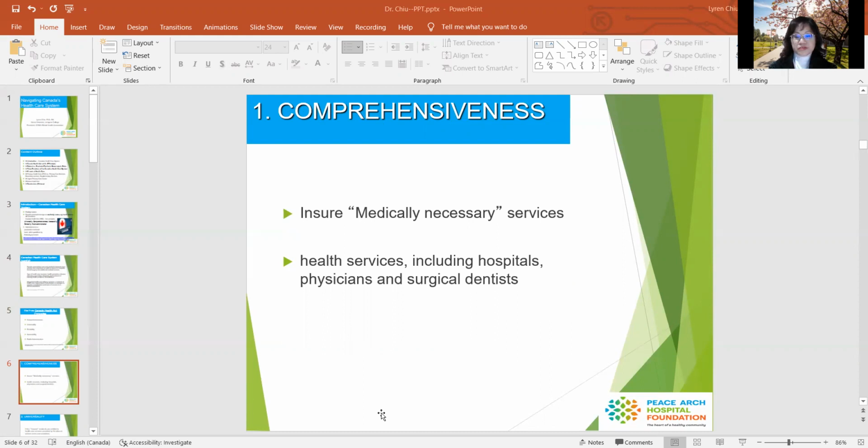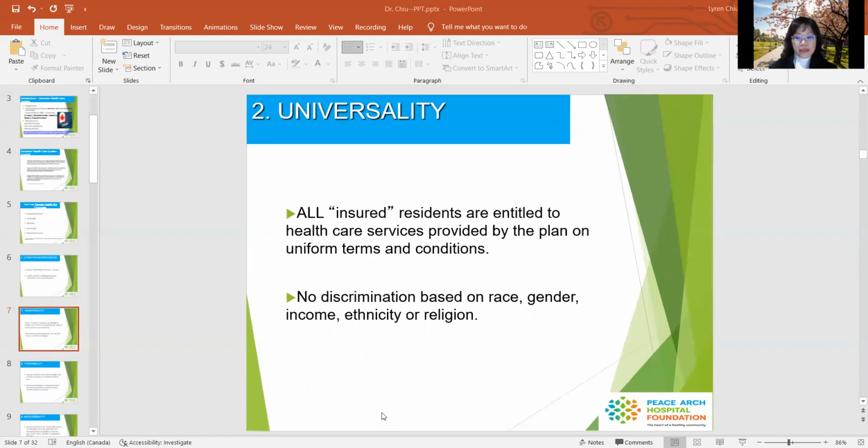Comprehensiveness refers to the provincial and territorial governments' plans, which must ensure all medically necessary services provided by hospitals, medical practitioners, and dentists working within a hospital setting. Universality refers to all provincial and territorial plans, which must entitle all insured persons to health insurance coverage on uniform terms and conditions.